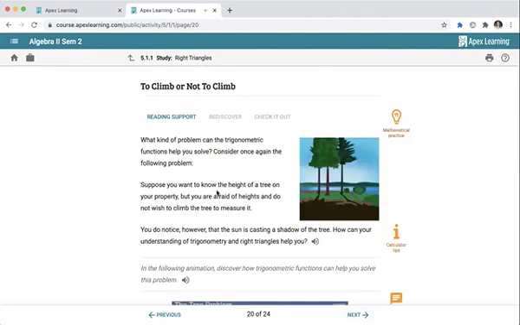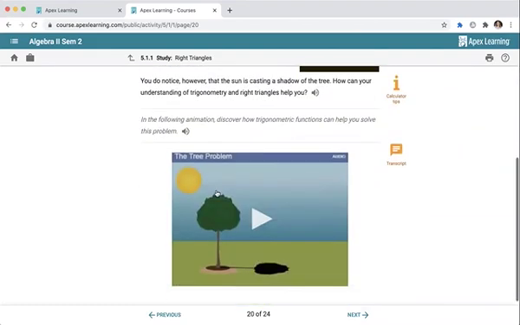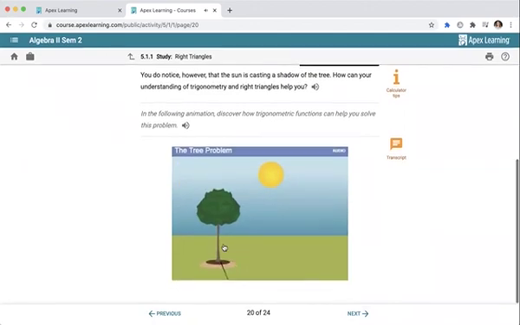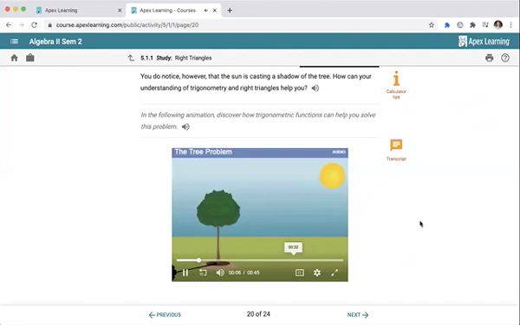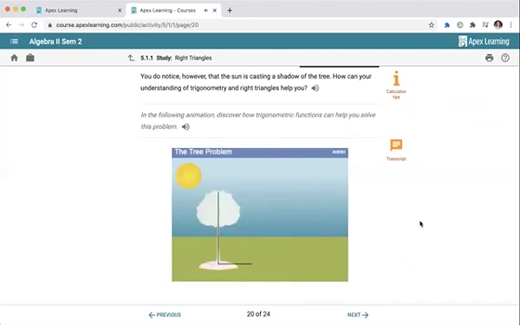Of course, if we go back to our tree problem, we can talk about how we can solve for the height of our tree. You notice that the tree is casting a shadow and that the length of the shadow varies depending on the position of the sun. At a particular moment in time, you estimate that the angle between the ground and the line that connects the tip of the tree to the tip of the shadow is 55 degrees.